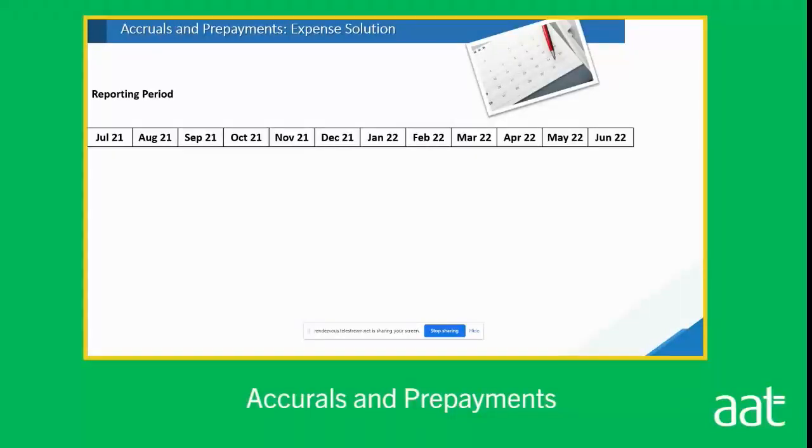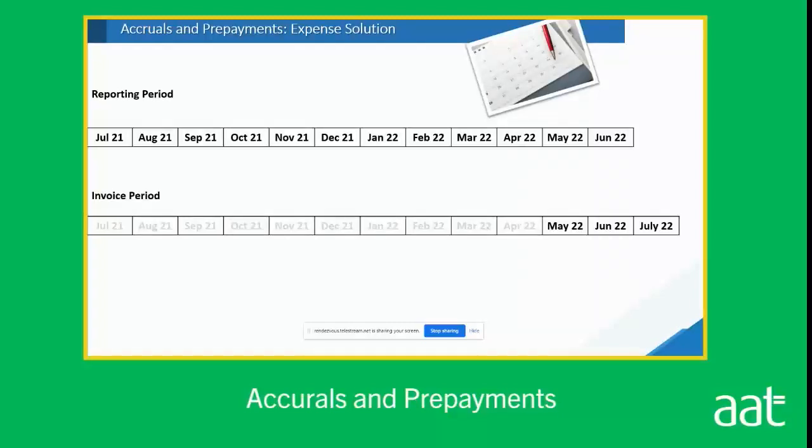If we map out our reporting period, we were told that June 22 was our year-end cut-off. So that must mean our year-end spans from the 1st of July 21 to the 30th of June 22. Anything before or after that period is not relevant now. If we then compare that to our invoice period, and I've greyed out some of the months because they're irrelevant to this illustration, we can then see that the months of May, June and July were covered by that invoice.